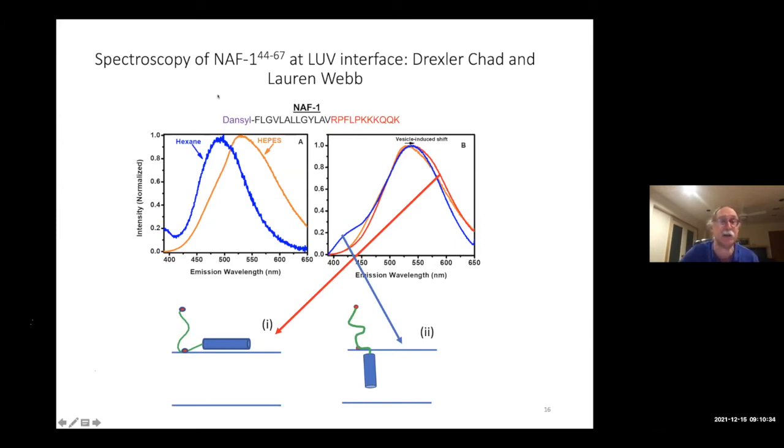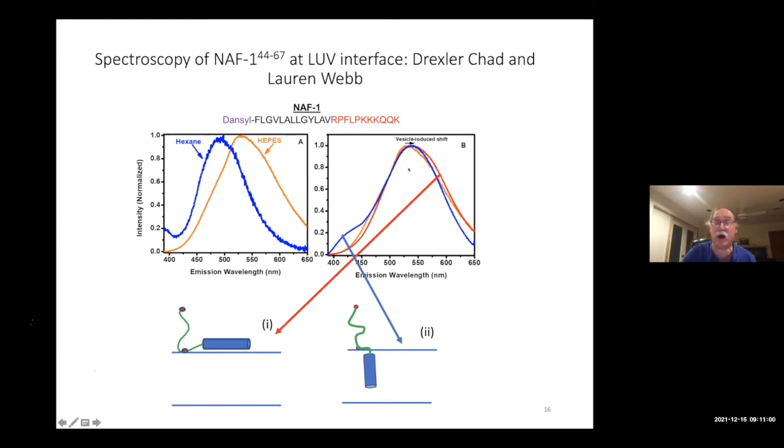First, they took this particular peptide and put it into two different solutions. One was a hydrophobic solution, hexane, and you see a blue shift, the wavelength becomes shorter, compared to the aqueous or buffer solution, which is what the HEPES has seen here. Then they repeated the same experiment in the presence of the vesicle.